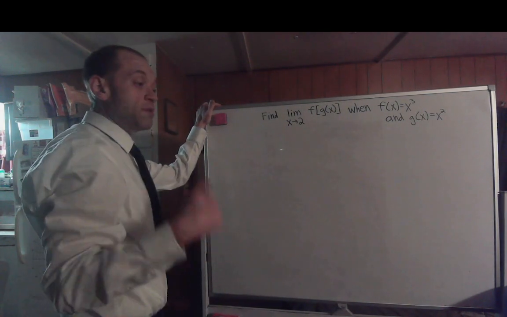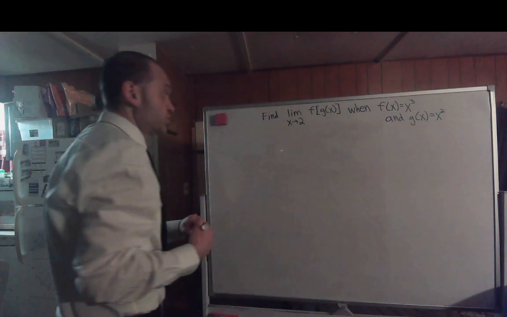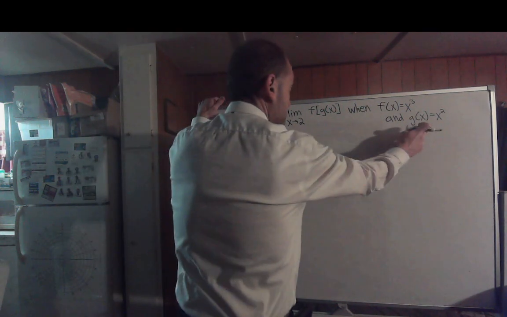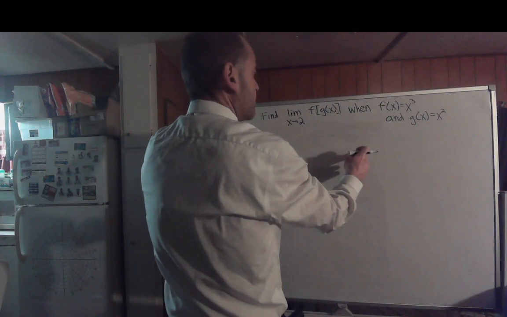Well, we know from algebra that to find the composition of a function, all you do is take that g of x and put it in for where you see x in the f of x.